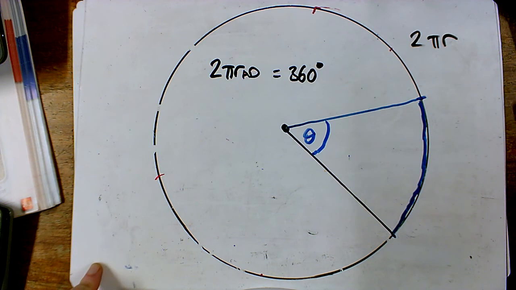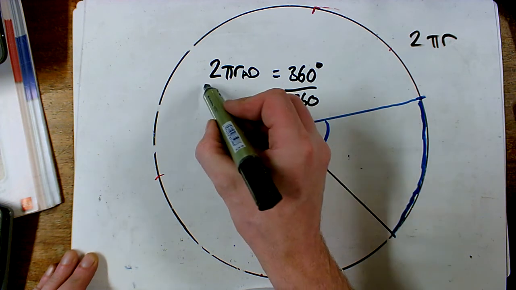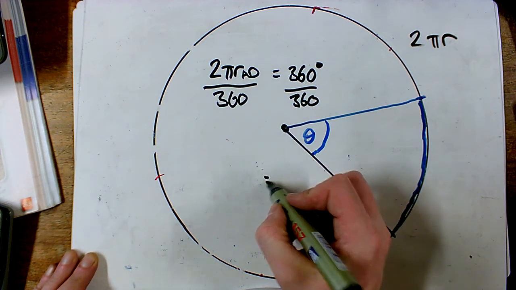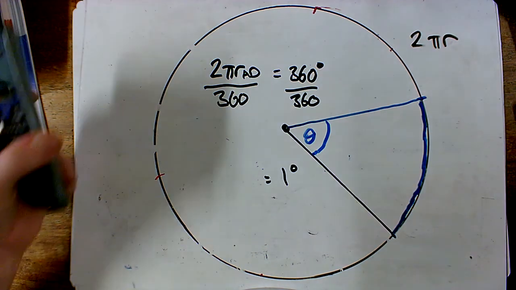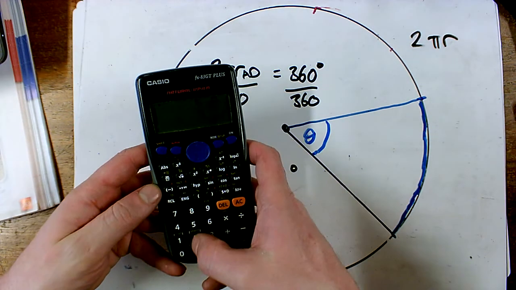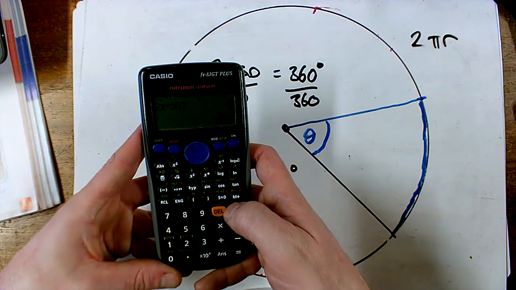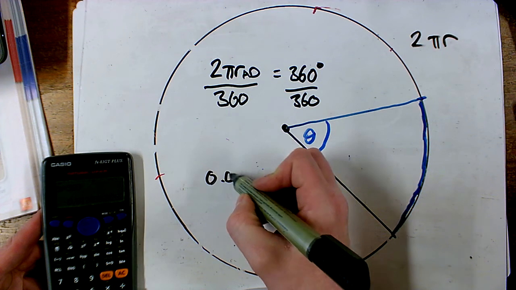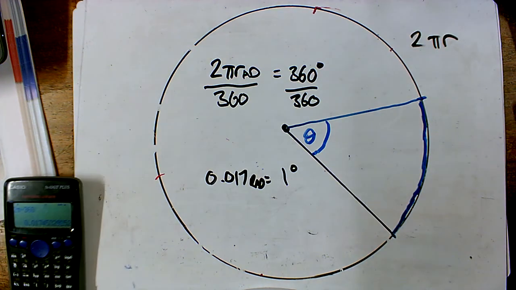So if we want to find out what 1 degree is, all we have to do is divide both sides by 360, aren't we? So 360 divided by that is just going to equal 1, so that'll be 1 degree. Well, 2 pi divided by 360, and we'll see we get our answer of 0.017 radians is going to equal 1 degree.